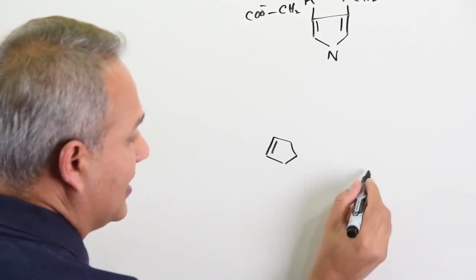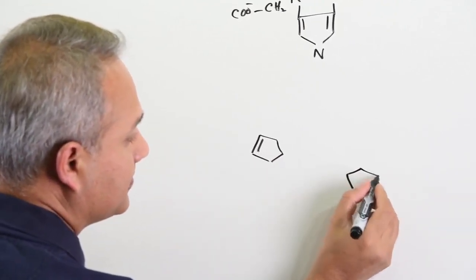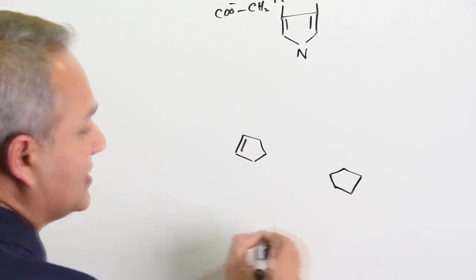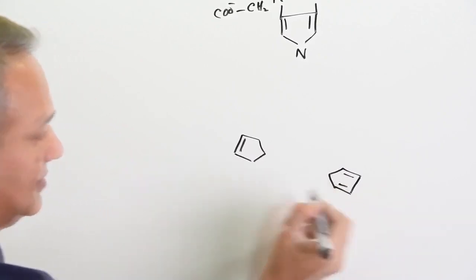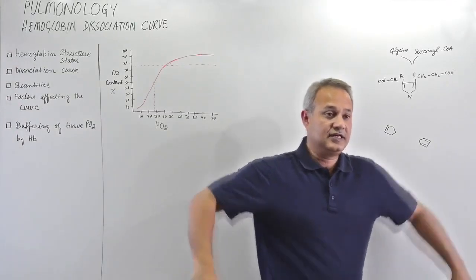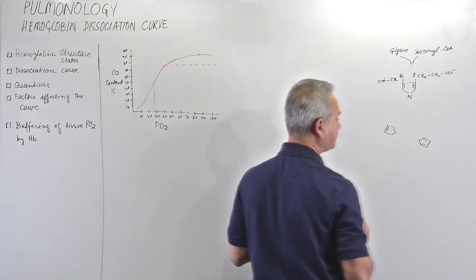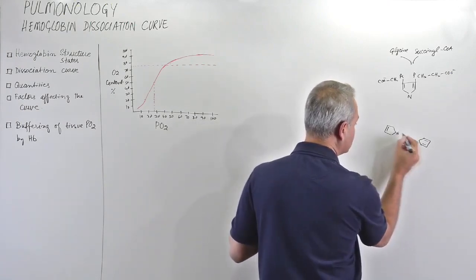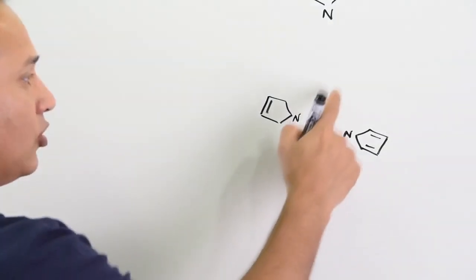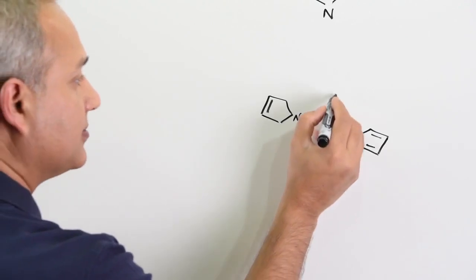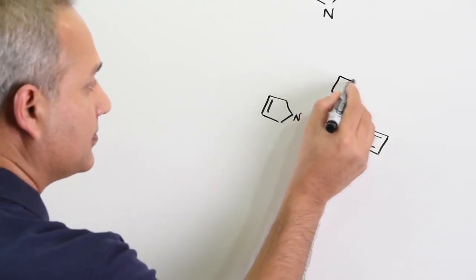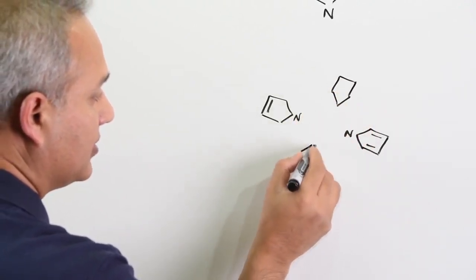Opposite to this, make another ring that stands like this. It has double bonds here. Of course, there is nitrogen here and nitrogen here. Then make 2 more rings. So here and here.